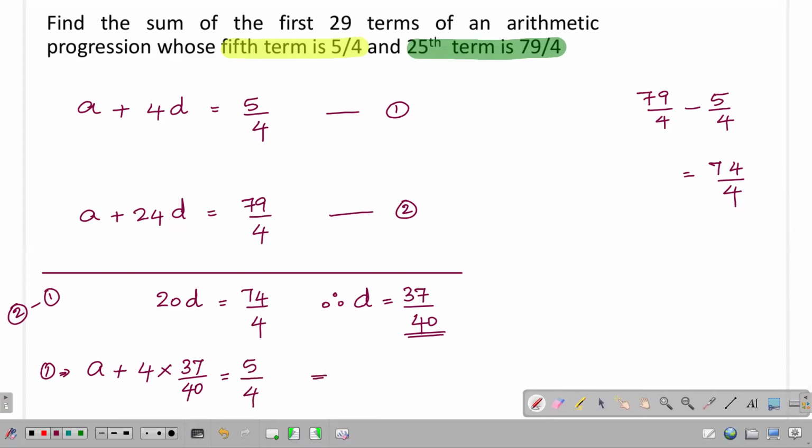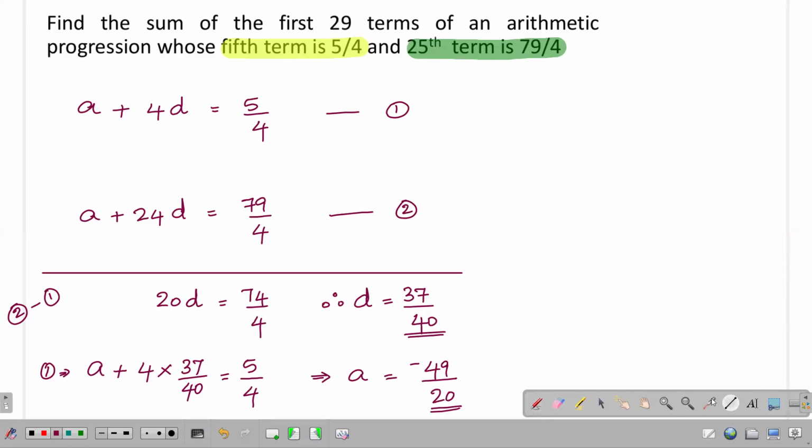On solving this, I am now going to get the first term. When I calculate it, it will come as minus 49 upon 20. The simplification part, I am asking you to consider.